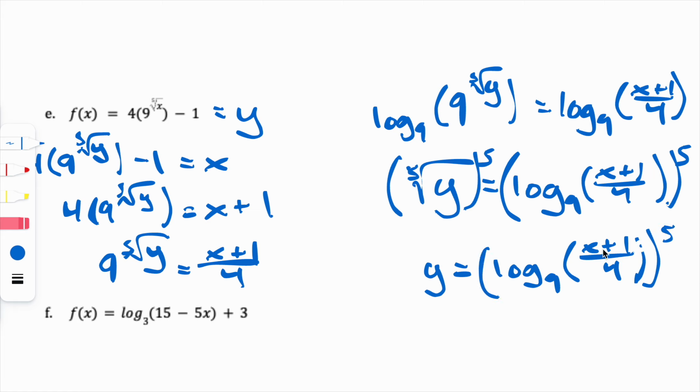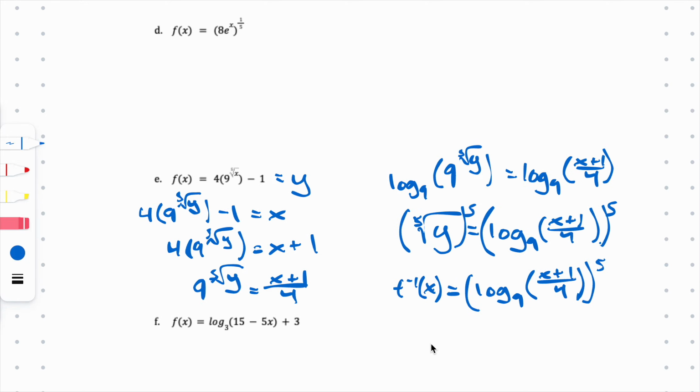Okay, and I believe that would be our inverse. I don't believe you can simplify that, and I think that's sufficient.